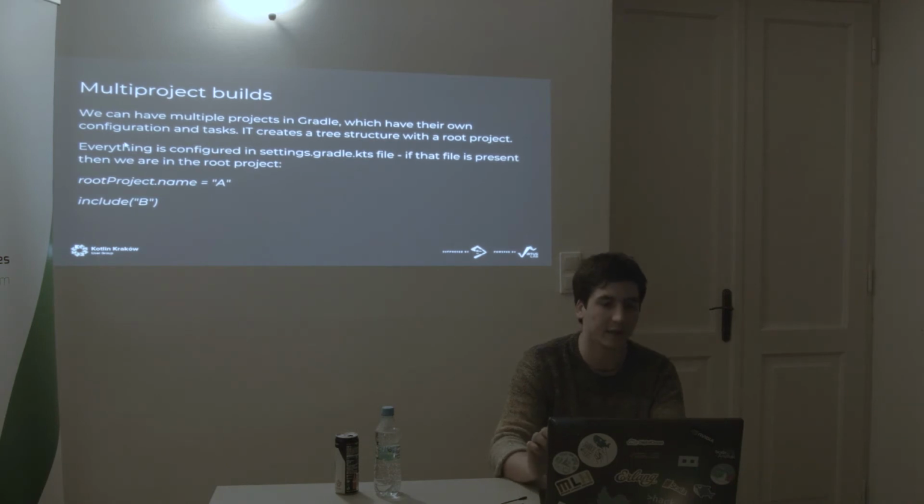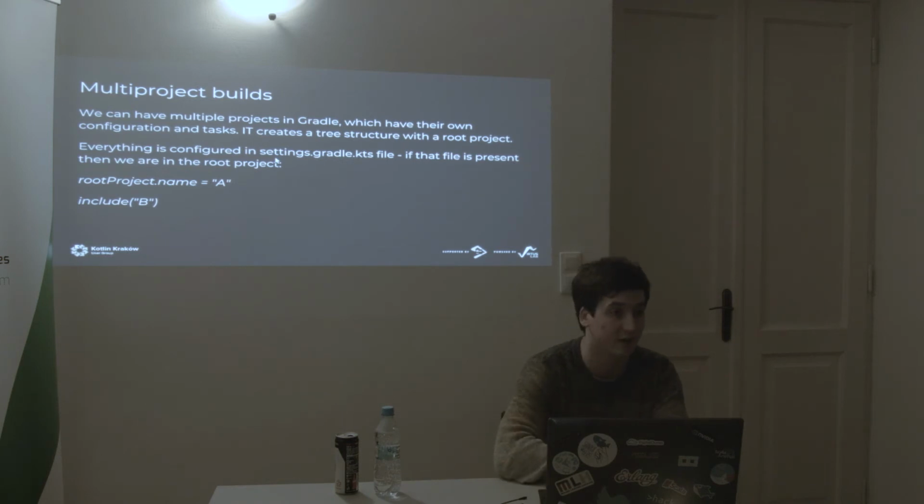Another thing is the multi-project builds. I already talked about that in the first phase, where Gradle determines what are the projects. So that will only be needed if we have more than one project. Otherwise, it just checks, hey, this one project is okay, and it's the main project, and there's nothing else. But to configure multi-project builds, you need the settings Gradle file.